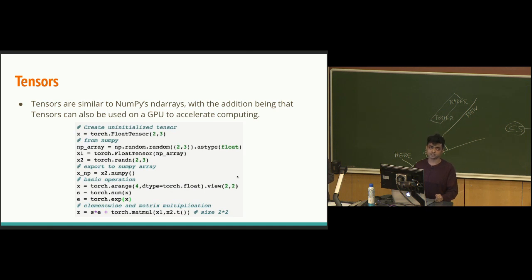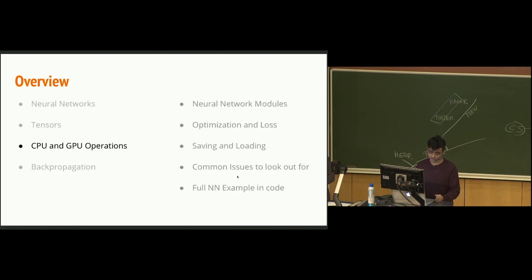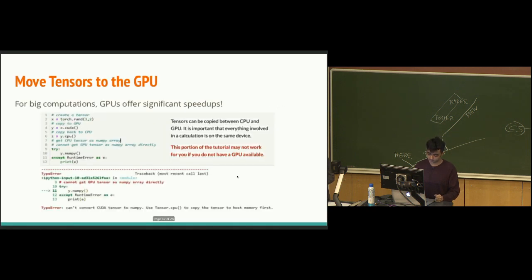You have all the basic functions such as exponentiation, sum, and matrix multiplication. The main difference between a Pytorch tensor and a NumPy array is that tensors can be used on the GPU. And that is the main advantage of tensors. So let's begin with the difference between CPU and GPU operations.